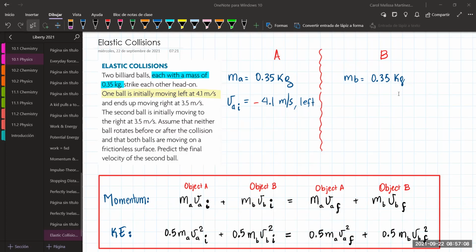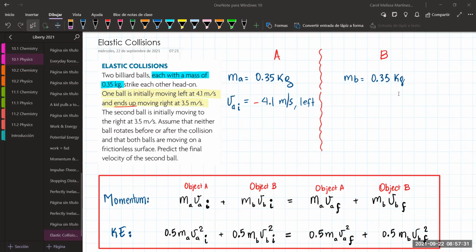Okay? Now, one ball is initially moving left at 4.1 meters per second and ends up moving right at 3.5 meters per second. A key word here is the expression ends up. Ends up is telling me a final condition of the velocity.